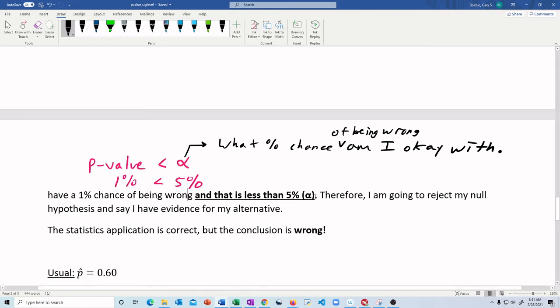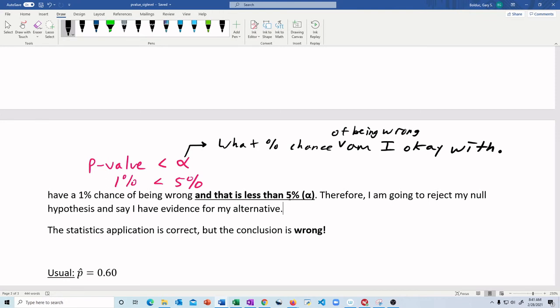So as soon as you set up alpha's 5%, you are saying to begin the problem, I am okay if I reject this null. If I end up rejecting the null, I'm okay with a 5% chance of being wrong here. That's what alpha is. You're setting yourself up a limit on how wrong you might be when you go to reject the null, if you end up doing that. But if you end up rejecting the null, you're saying, okay, I got a 5% chance of being wrong here using alpha.